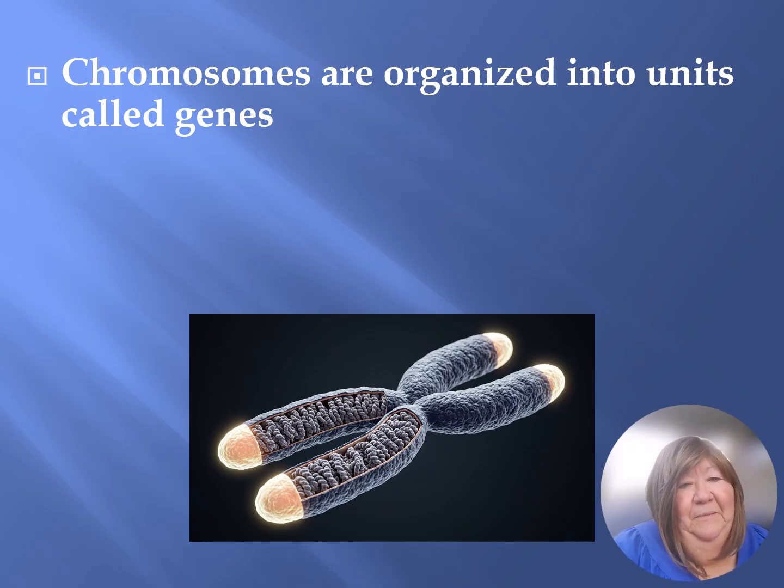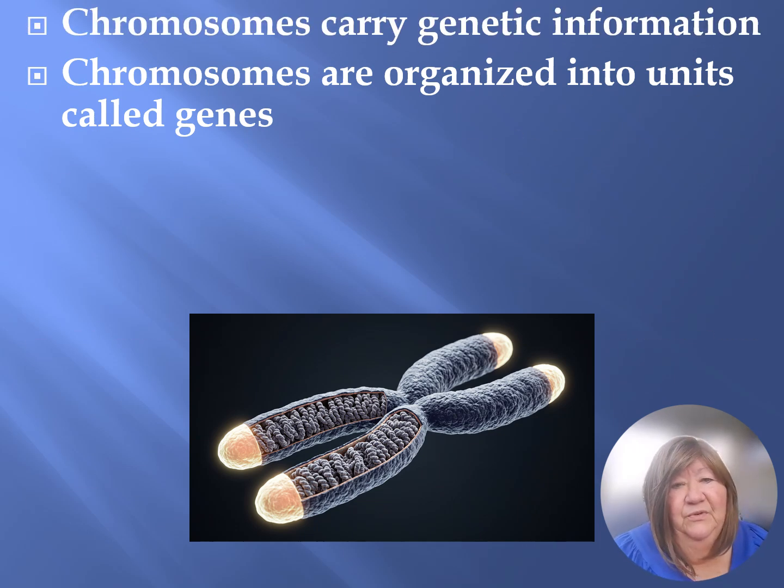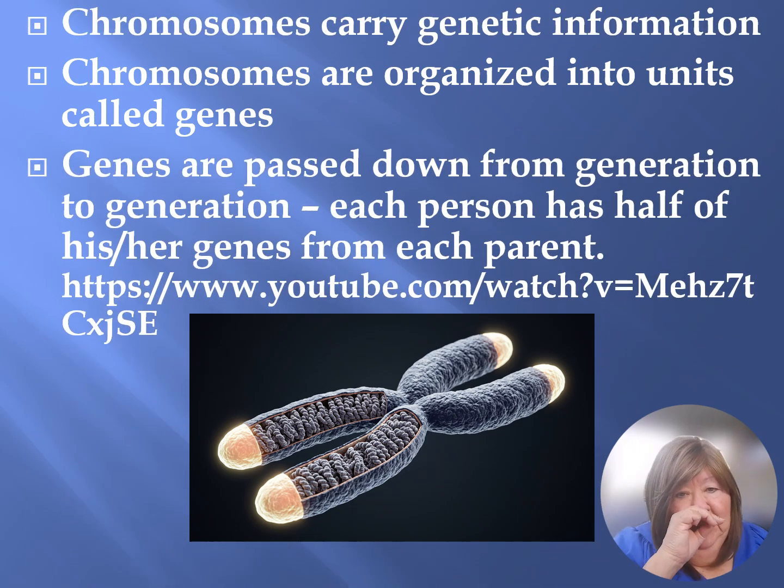Chromosomes are the genetic material that is transferred, the genetic information. And genes are passed down from generation to generation. We know that. Each person has half of his or her genes from each parent. That's why you take certain traits that make you look, act, behave more like one or the other of your parents.